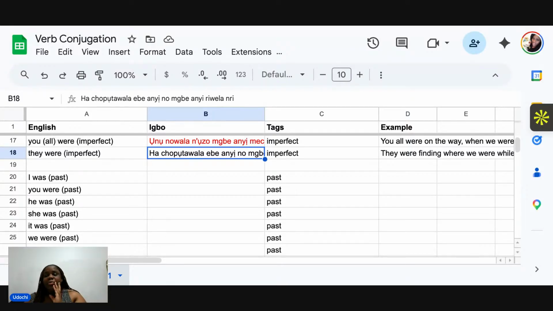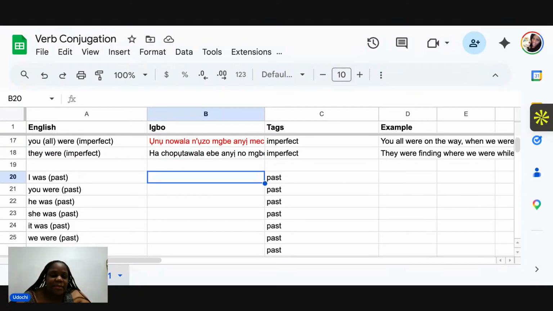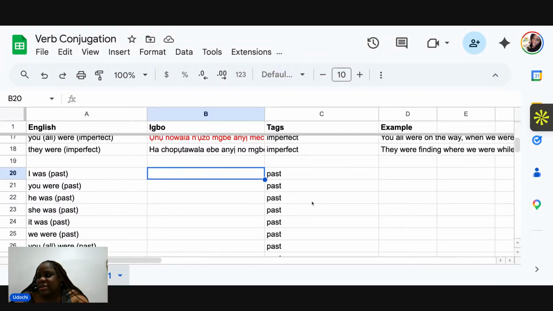It really depends on the sentence itself, because you could say I did him, I bought him. But then if it's within a sentence, you're saying I was studying, right? So it really depends on the sentence itself.